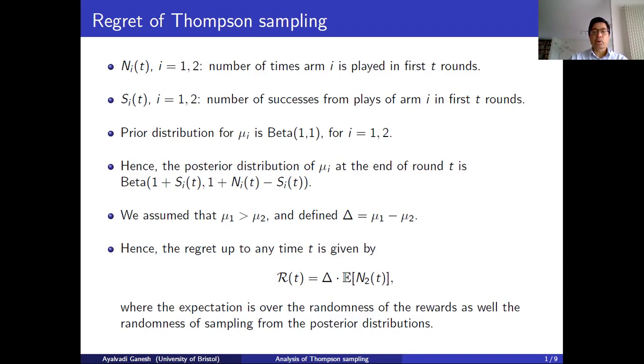So every time we want to decide which arm to play, we draw a sample from each of the posterior distributions, compare them, and play the arm which gave us the bigger sample. So that sampling also introduces randomness. And so this expectation should take account of that randomness as well as the randomness from the rewards on the plays of the arms. Okay, so that's an expression for the regret.